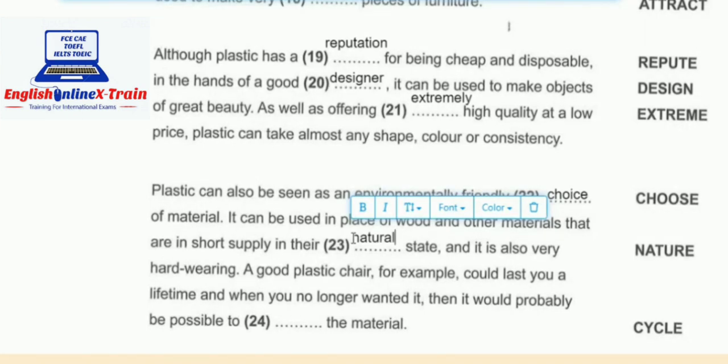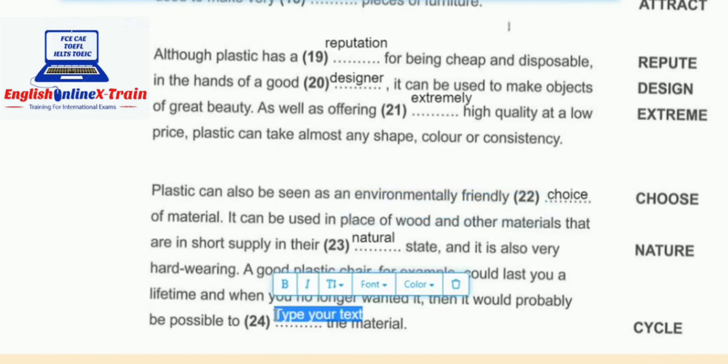A good plastic chair, for example, could last you a lifetime, and when you no longer want it, then it would probably be possible to, well, and this word is really simple, right? What can you do with things that you don't use anymore, but they still have a use? Well, you can recycle. You can recycle the material.